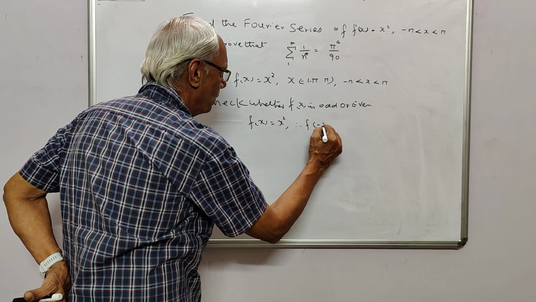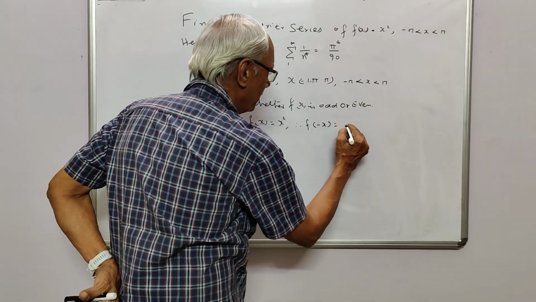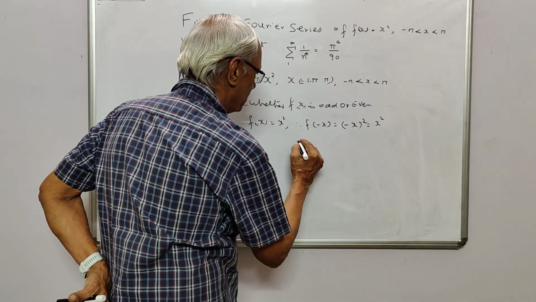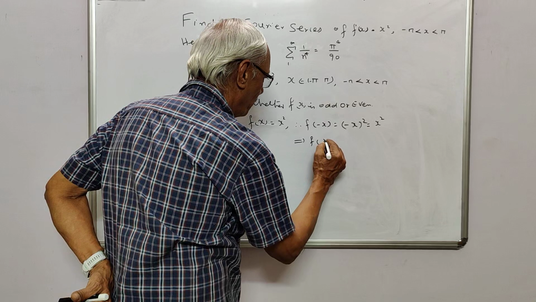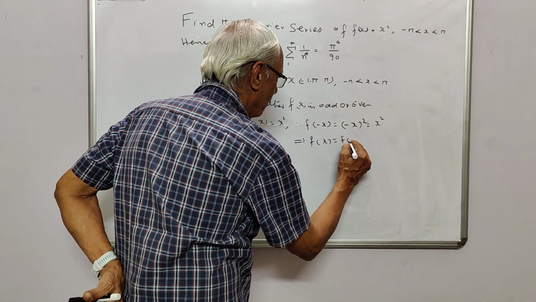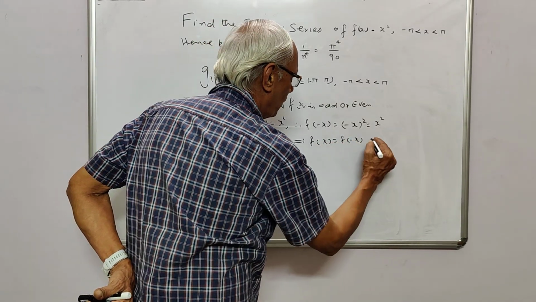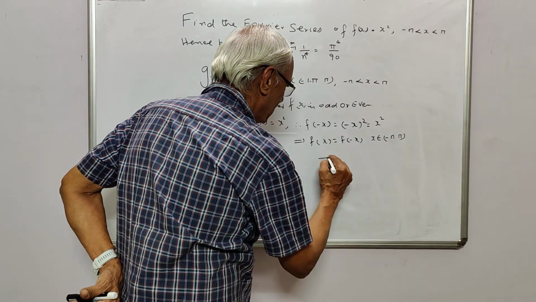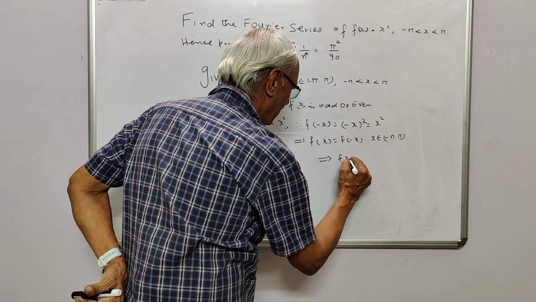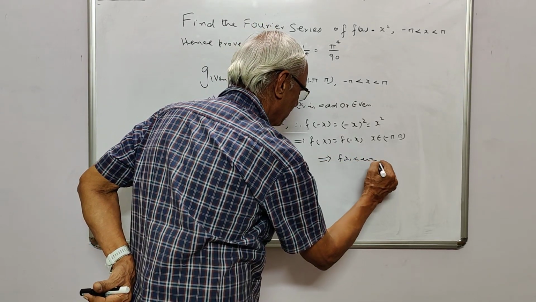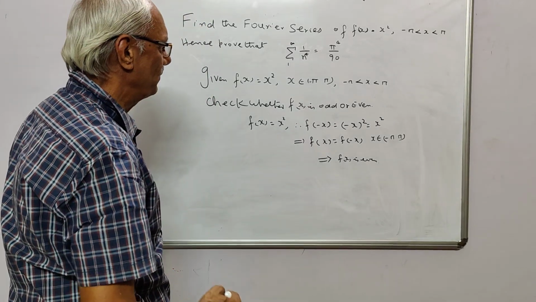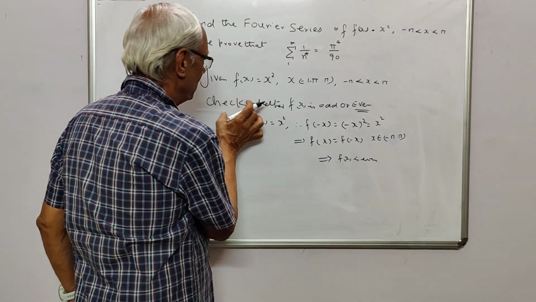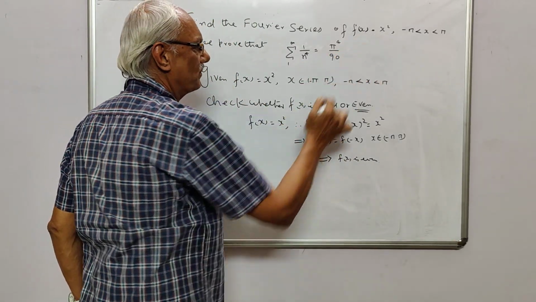Therefore, f of minus x will be minus x whole squared, which is also equal to x squared, which means that f of x is equal to f of minus x for x belonging to minus pi to plus pi. This implies that f of x is even. So the first thing that we have determined is that this is an even function. So we have proved that this f of x is an even function.